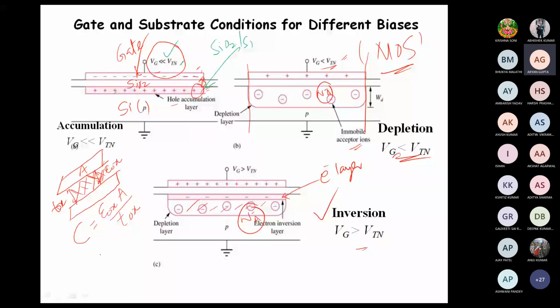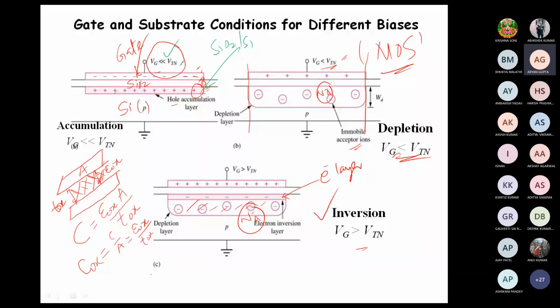If we want to represent the capacitance per unit area, we divide the above capacitance by the area, and we have epsilon ox upon T ox.